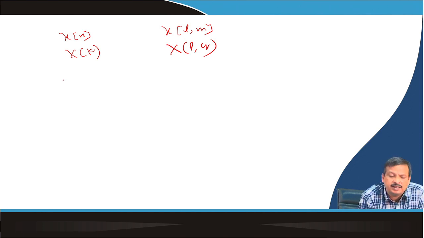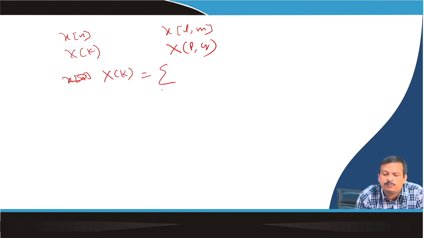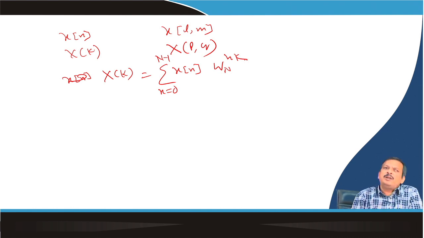Now, what is x of n? Capital X of k is nothing but a discrete Fourier transform, sum over n equal to 0 to N minus 1 of x of n W_N to the power nk. That is my discrete Fourier transform. Now, what is x of p and q?